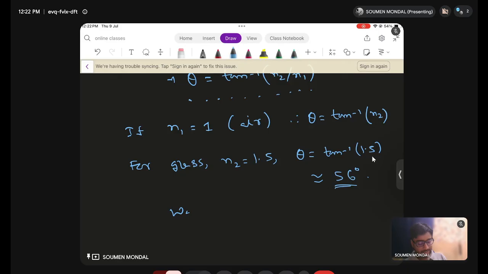Now for water, N2 is 1.33 and theta is tan inverse 1.33. We have to calculate it using a calculator. So this is the idea of Brewster law and polarization by reflection. With a proper angle of incidence on a particular surface, the reflected ray becomes polarized and we can use that.